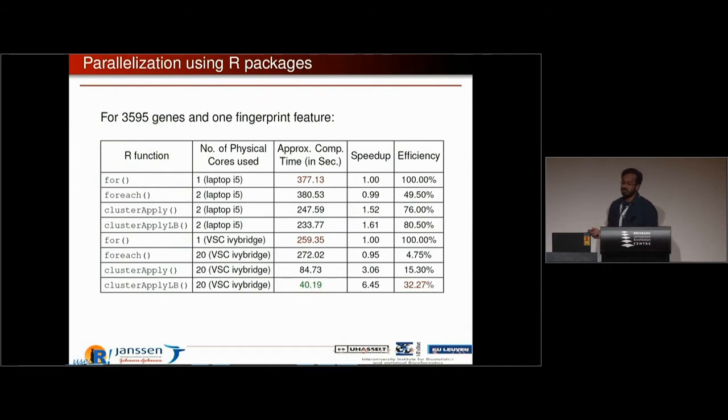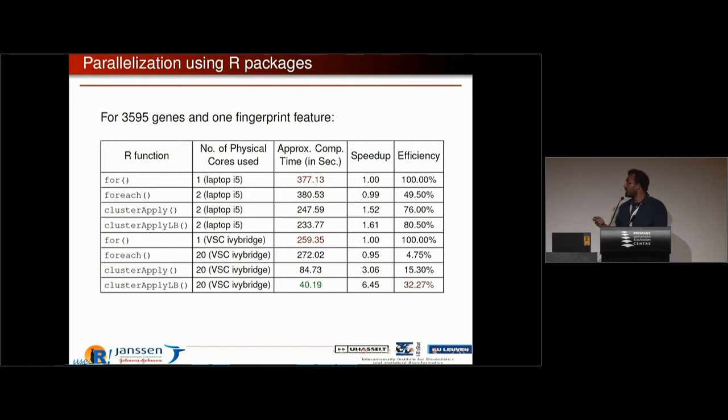Now these are the results for the R packages. With the for loop, of course, you see that for all the genes that's the highest time, as it's the simplest method. But when we used foreach, we noticed that the time actually increased a bit: when we ran with 2 cores on my laptop, it was less than when we had 20 cores in a cluster.